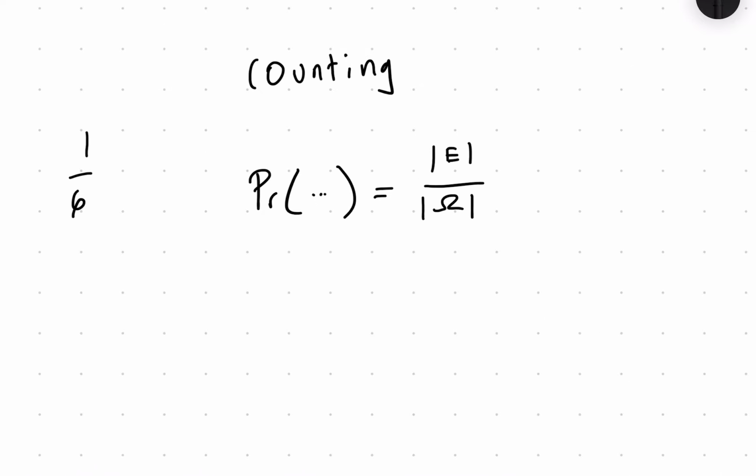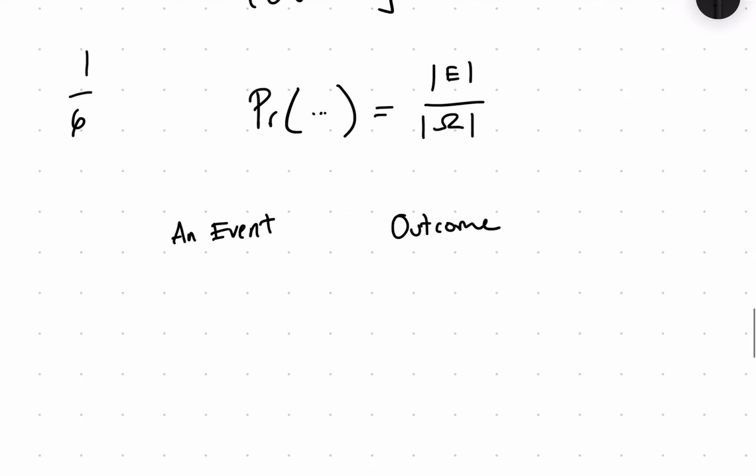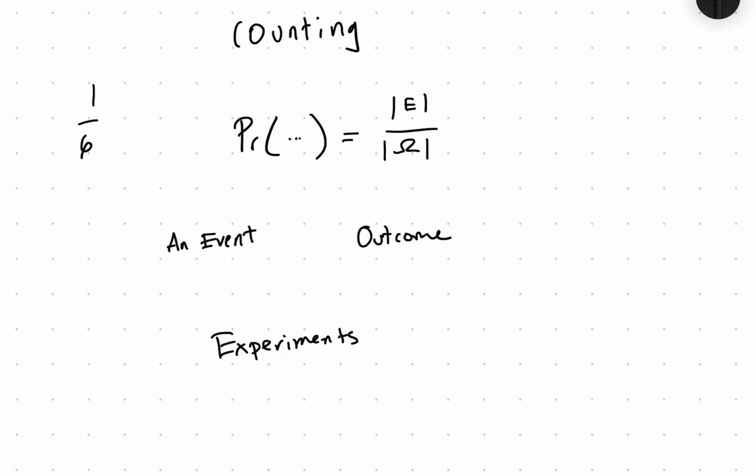And so what these two things are, so this represents an event. And there's a couple of vocabulary words you have to get used to when starting out in probability. There are events, there are outcomes, and there are experiments. So let's go quickly over this, and then we're going to start the speed run.